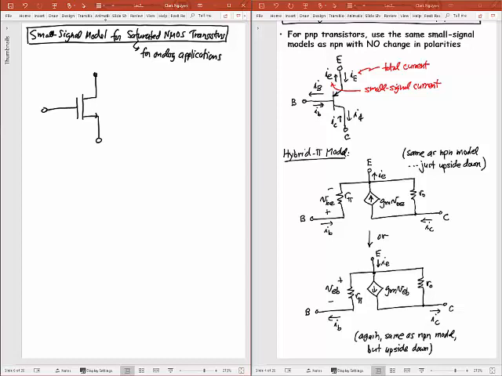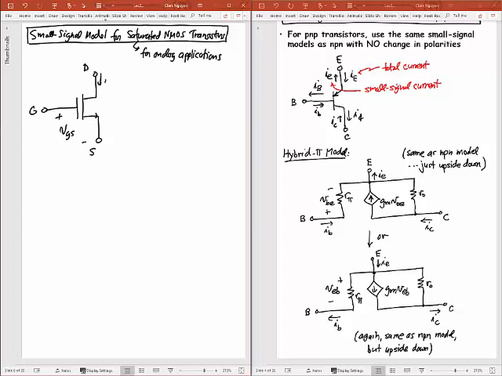We're now looking at this transistor. For this, of course, I'm going to have a gate, a drain, and a source. I'm going to have the small signal voltage that I'll put across, little v_GS.